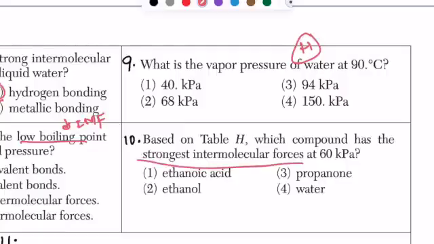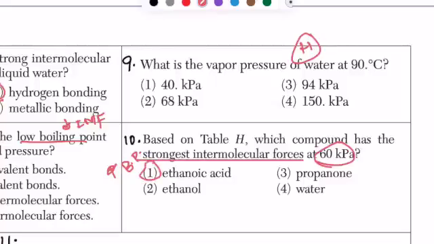So if you're looking for strong intermolecular forces at this specific vapor pressure, then we are looking for the one that has the highest boiling point. So according to table H, the one that has the highest boiling point is ethanoic acid.